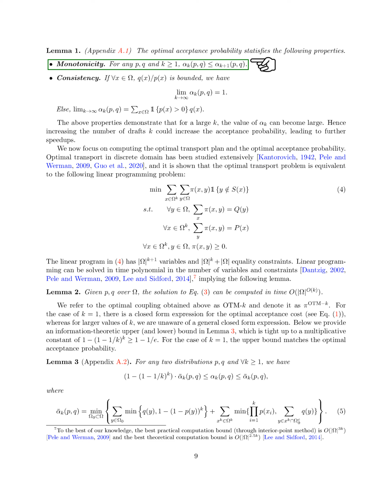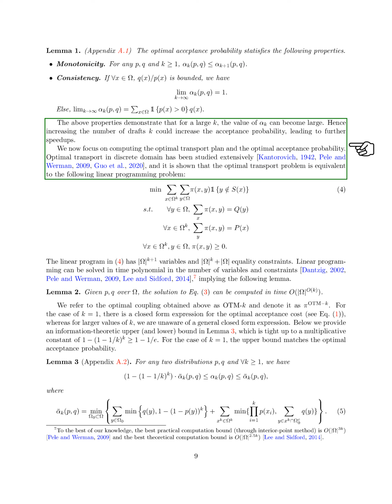Otherwise, it equals the sum of Q(x) for all x where P(x) is greater than 0. These properties show that as we increase the number of drafts, K, the value of alpha underscore K can become large, which means that the acceptance probability increases, leading to faster computations.